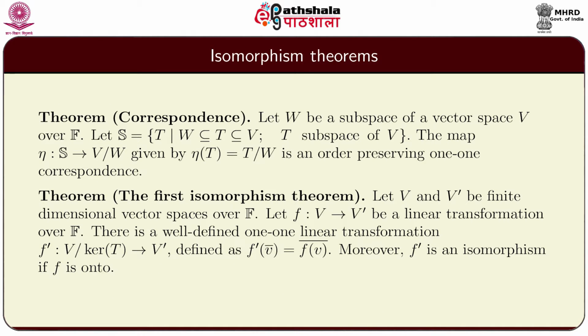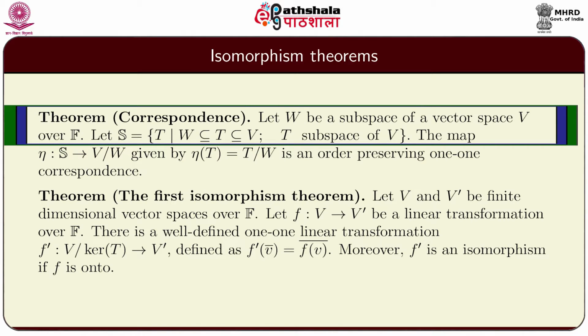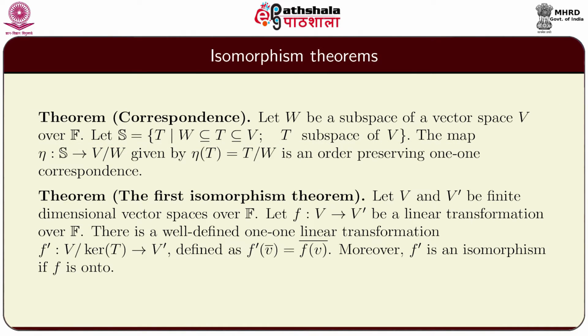Now the so called correspondence theorem, which talks about the subspaces of V quotient W. So let W be a subspace of a vector space V over F. Let us look at this set S, which is the collection of all those subspaces T such that W is contained in T and T is contained in V. Now the map eta defined from S to V quotient W given by eta of T is equal to T quotient W is an order preserving 1-1 correspondence.